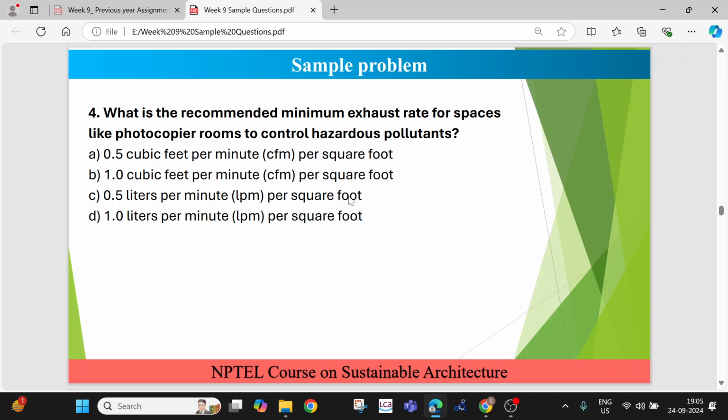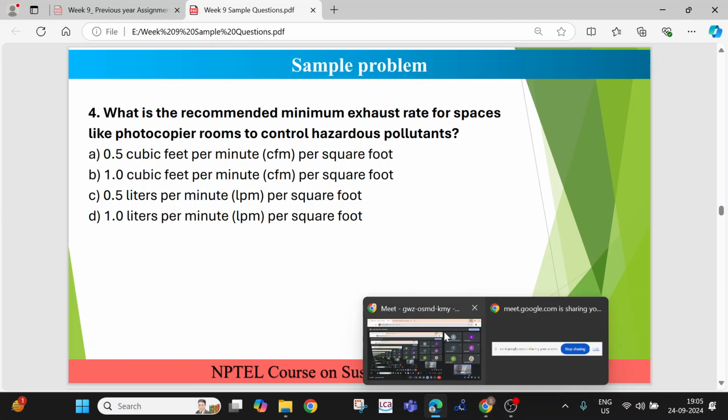What is the recommended minimum exhaust rate for spaces like photograph rooms to control hazardous pollutants? Carefully see the units. It is in LPM, and also in CFM. So whether it is option A, B, C, or D, all of you give your answers in the chat box.